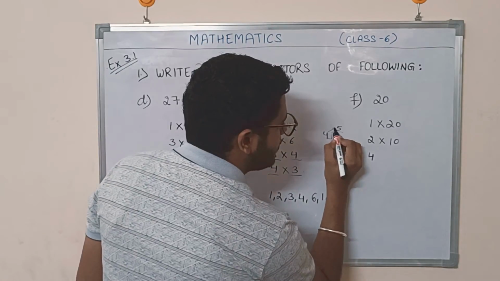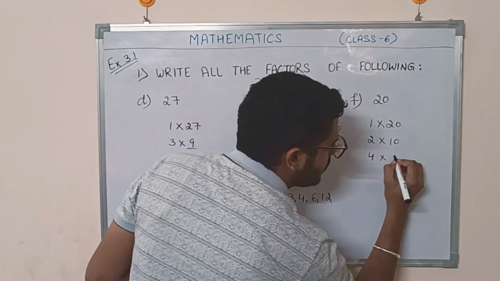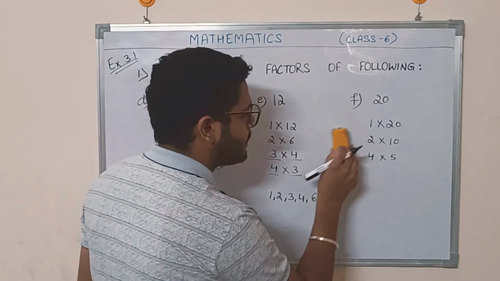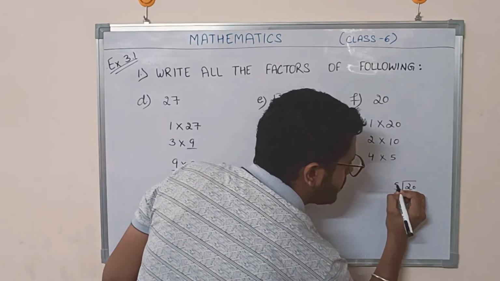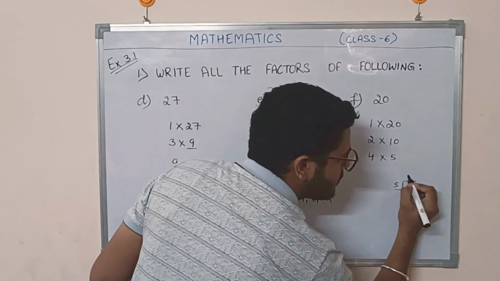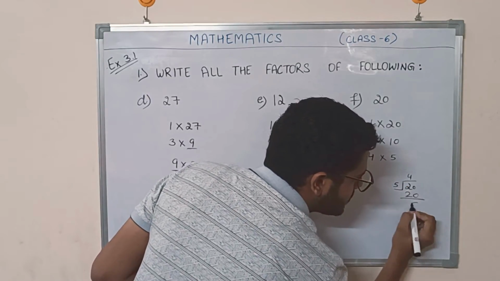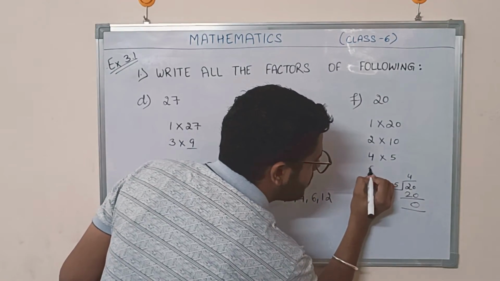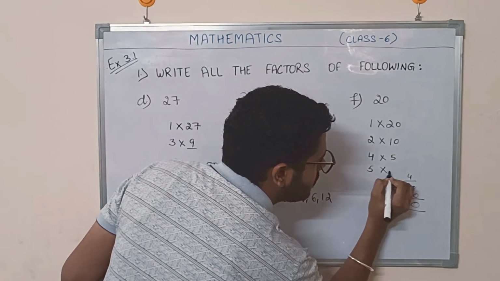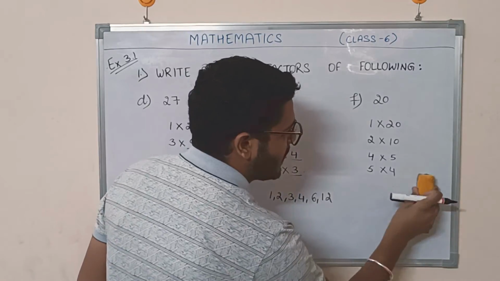Okay. So the factors will be 4 into 5, right? Now try to divide 20 with 5. 5 into 4 is 20. Remainder is 0, which means exact divisor, which means 5 into 4 is a factor.